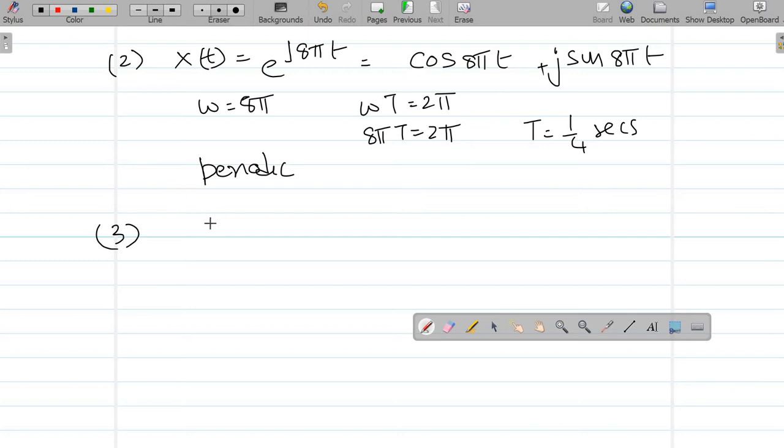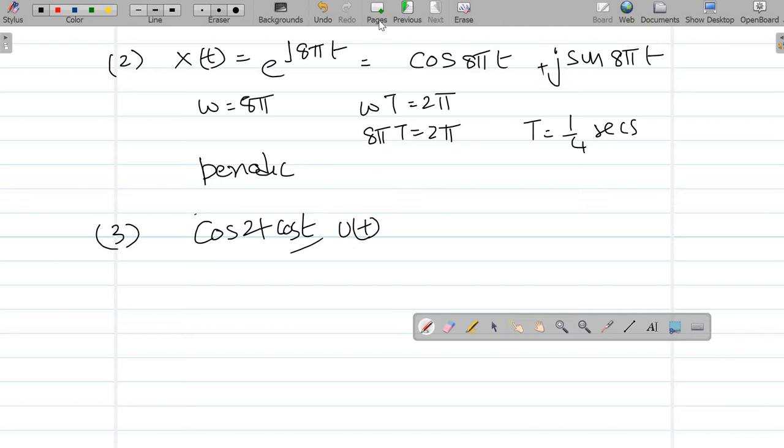Let us try to find out whether the signal is periodic: cos 2t u of t. The signal by itself would have been periodic. We are not sure, but we have to do some trigonometric manipulation and then try to find out the time period for the signal alone.